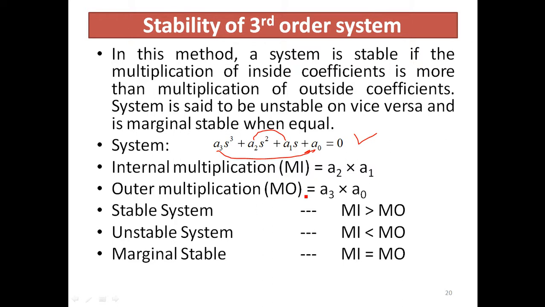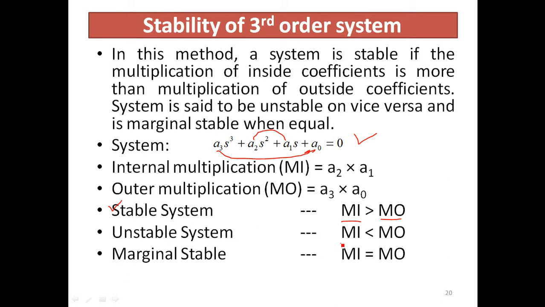What this method states is that if the inside multiplication is more than the outside multiplication, then the system is stable.